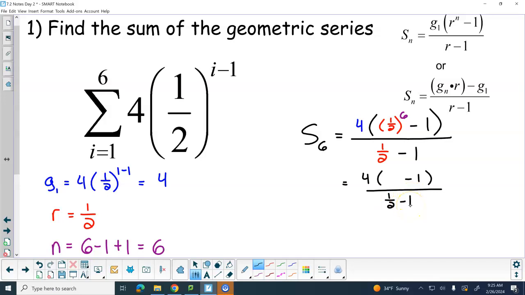I got 6 2s. 2 times 2 is 4 times 2, 8 times 2, 16 times 2, 32 times 2, 64. So this is 1/64.